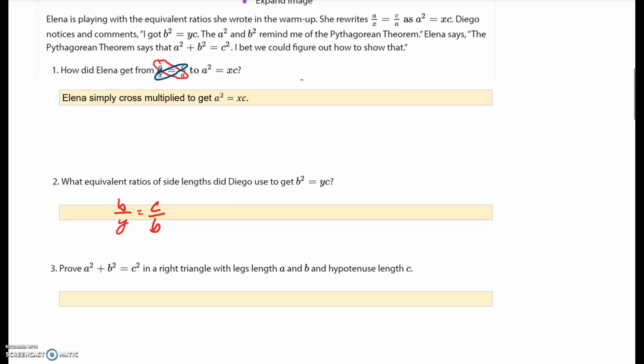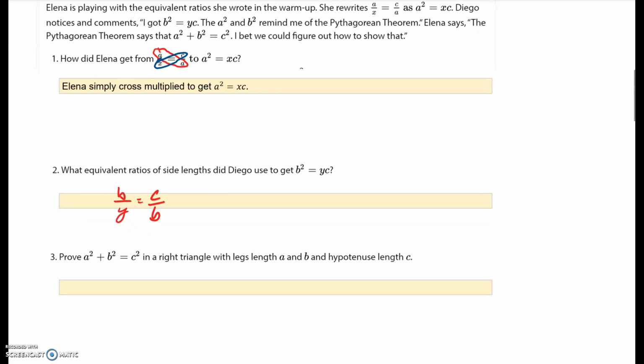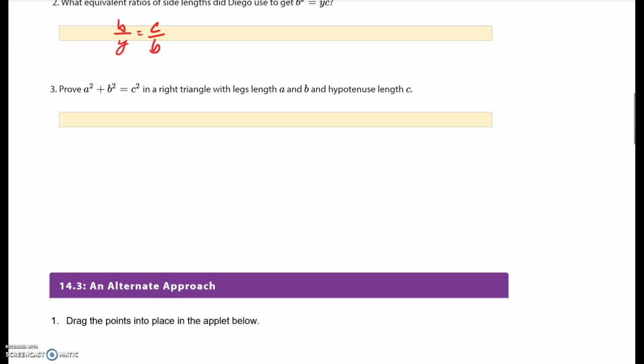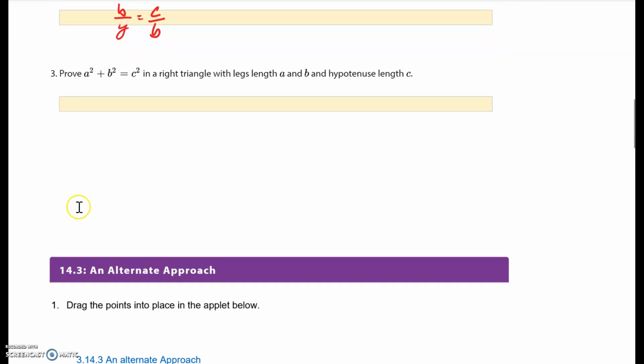Okay, now what we're going to do is prove the Pythagorean theorem. All right, so this is going to be kind of long. I will type most of it, but when we get to the algebra part, I'll write it out. So here we go.